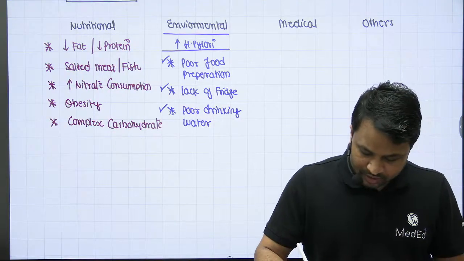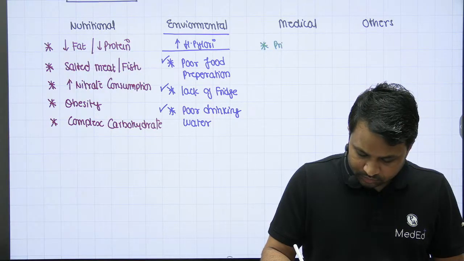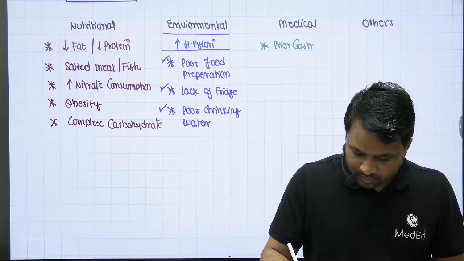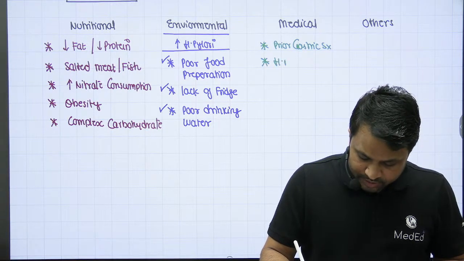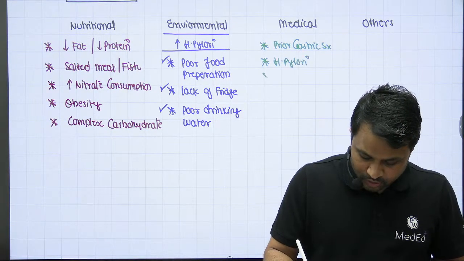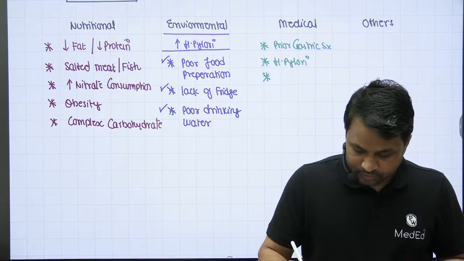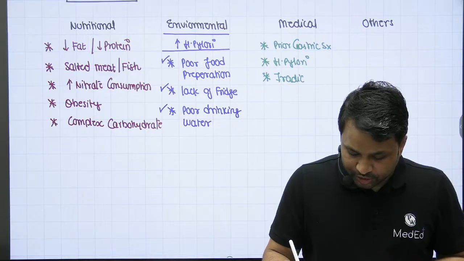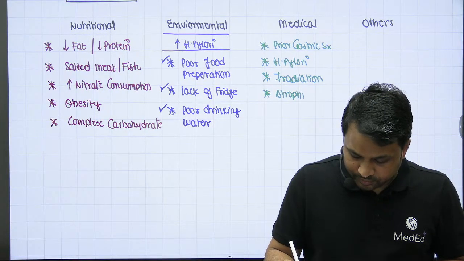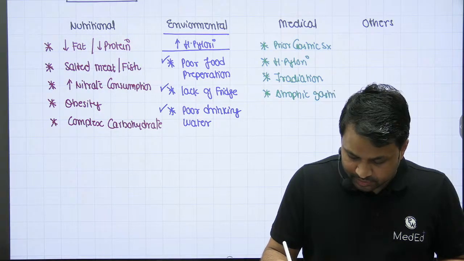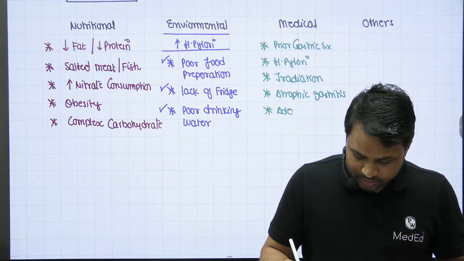In the medical risk factors, you have prior gastric surgery, H. pylori induced infections that can result in atrophic gastritis or else peptic ulcer disease, previous radiation exposure, atrophic gastritis, and presence of adenomatous polyps.